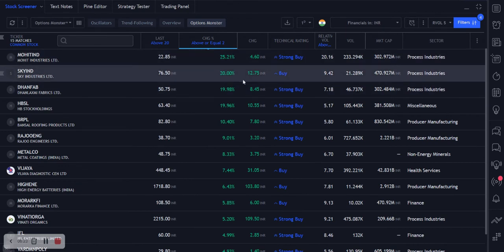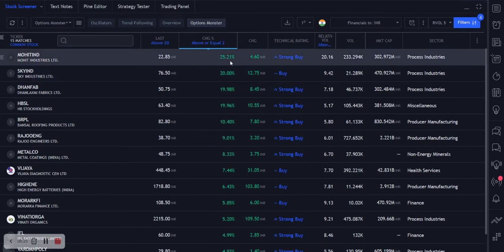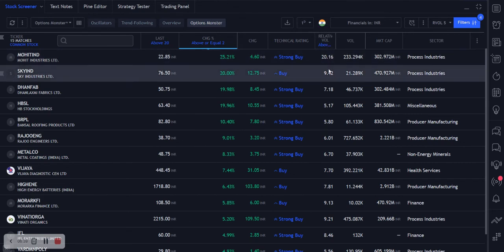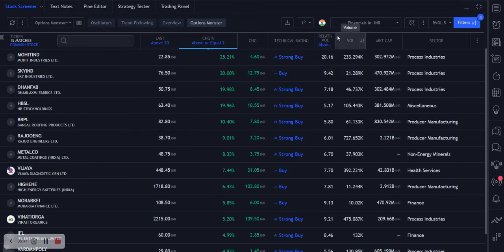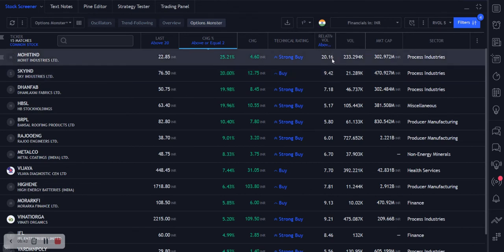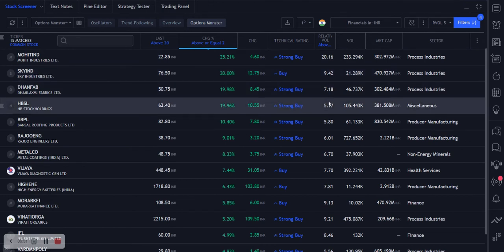Here, this stock gave us 25% change with a huge relative volume. This is the column here, it shows relative volume, 20 times the previous day's volume. This is 9 times, 10 times.